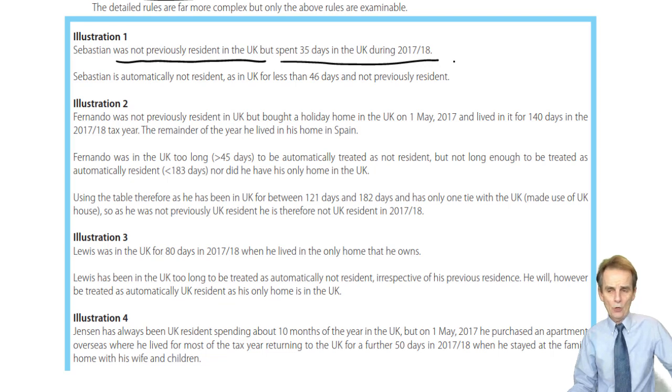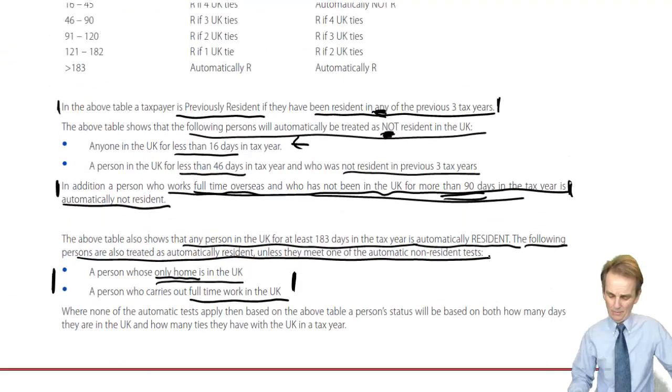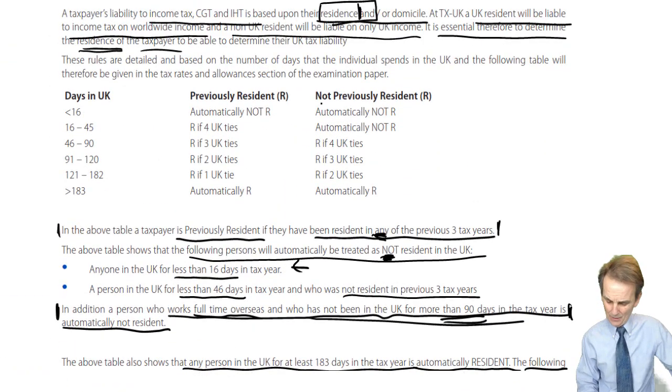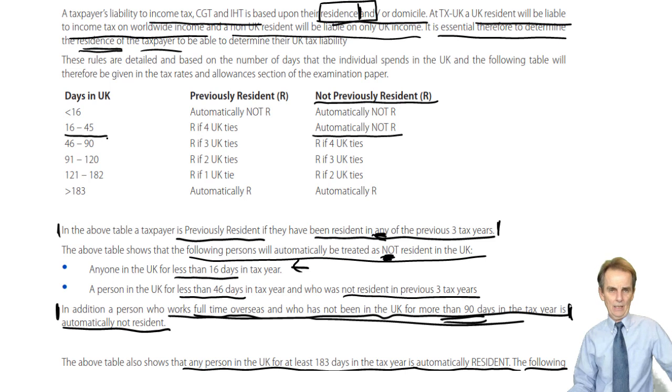For someone who was not previously resident in the UK, for them to qualify as automatically not UK resident, it has to be, let's go back to that table. There we go, not previously resident. You're automatically not resident if up to 45 days in the UK. Well, we haven't exceeded that.